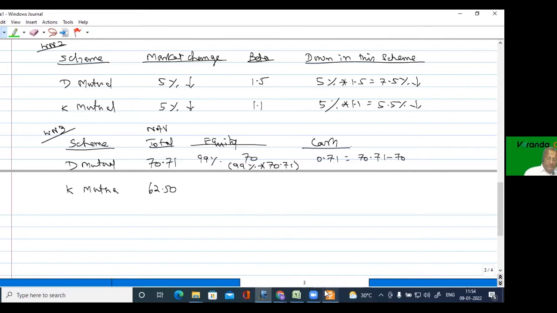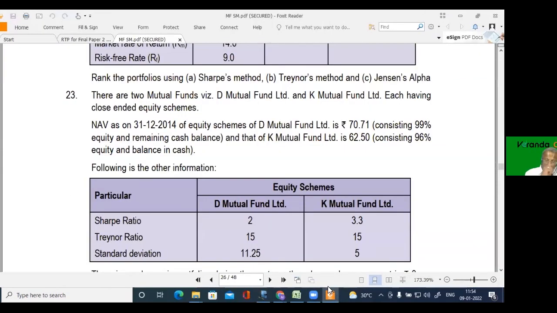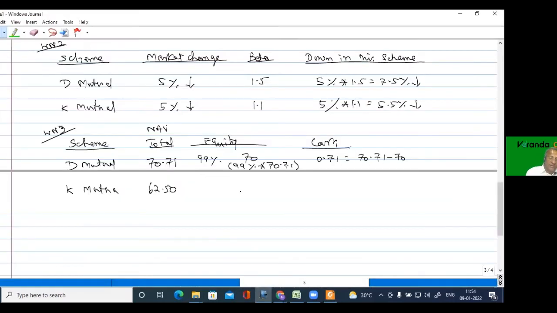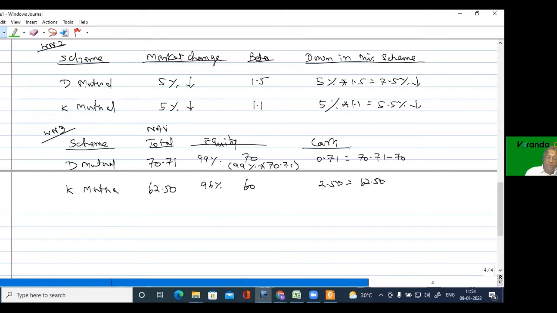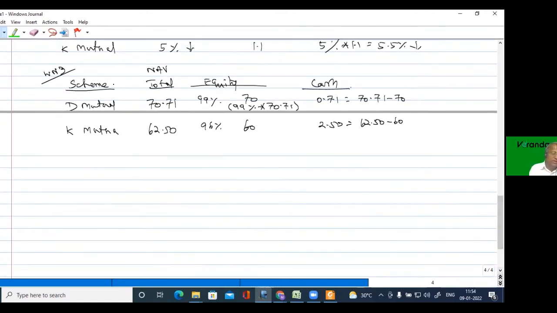Next one is 62.5 consisting 96%. 0.96 into 62.5 is going to be 60 and 2 rupees and 50 paisa. 62.5 minus 60. Correct. Now this is spot.